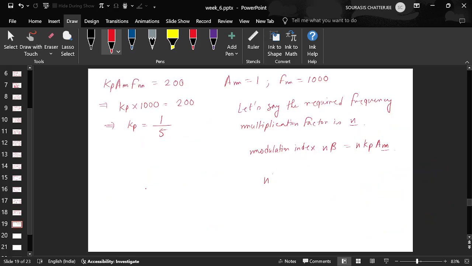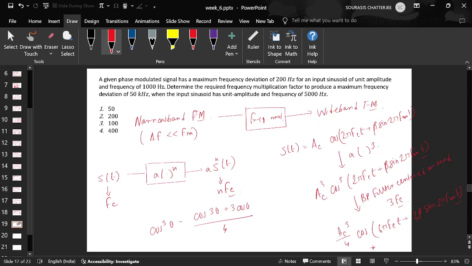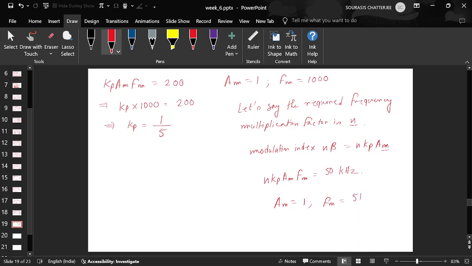So n times kp Am fm, which is the maximum frequency deviation, has to be 50 kilohertz, whereas the message signal has again unit amplitude and a frequency of 5000 hertz, that is 5 kilohertz.